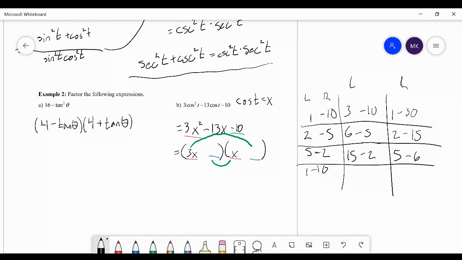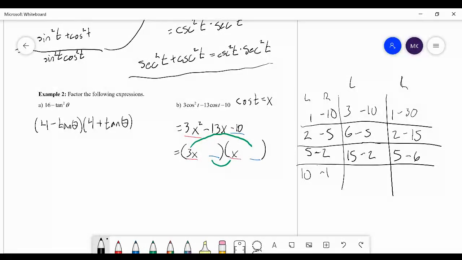Down here, I would get one. Okay, 10. There you go. Our table looks better now. I apologize about that. Mental mistake on my part. Table's fixed. Right, we have 1, 2, 5, 10, positives, negatives.